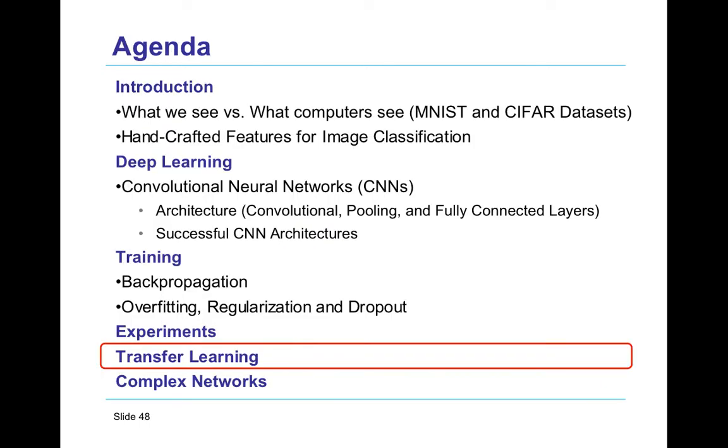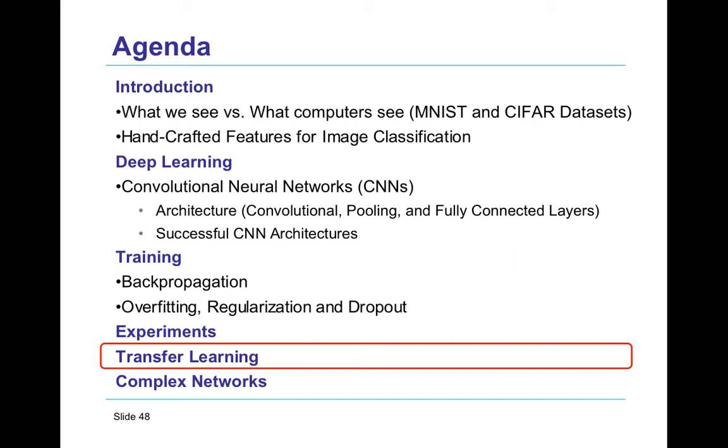Okay. Another thing that people are using a lot, and I think it's very interesting, is called transfer learning. If you get a new network and you're going to train it from scratch, it takes a long time and a lot of computational effort. And you don't need to do it from scratch. You can use filters that were already learned on other data sets.